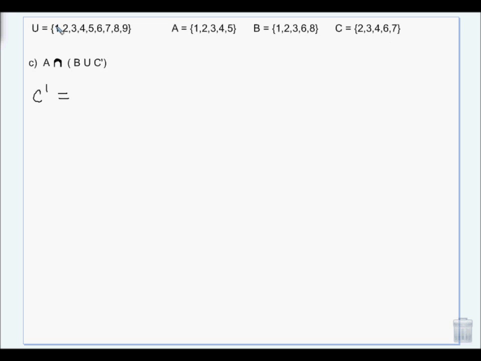If I go to my universal set and I cross out 2, 3, 4, 6, and 7, C prime is 1, 5, 8, and 9. That's what's left.